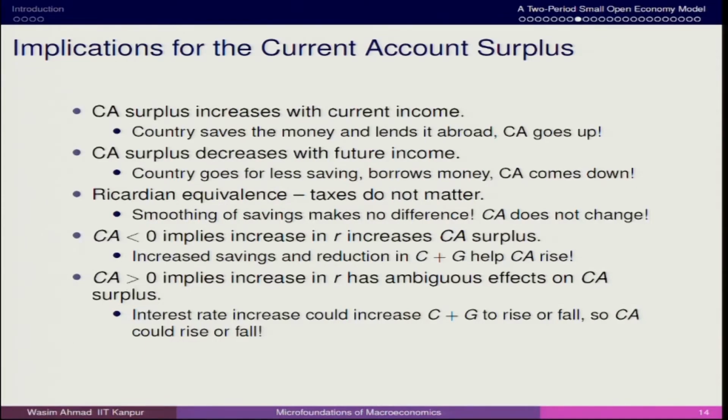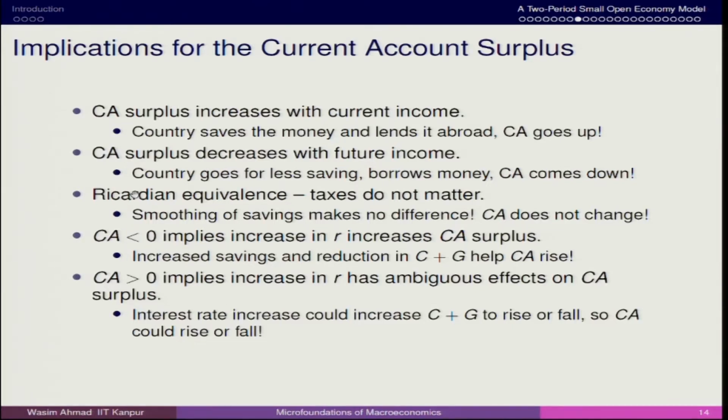If you have a current account surplus greater than 0, it implies that an increase in R has an ambiguous effect on CA, because it may go up or down depending upon whether the interest rate is having some kind of increasing effect on C plus G or not. If it is not having an increasing effect, then your CA will also not react.